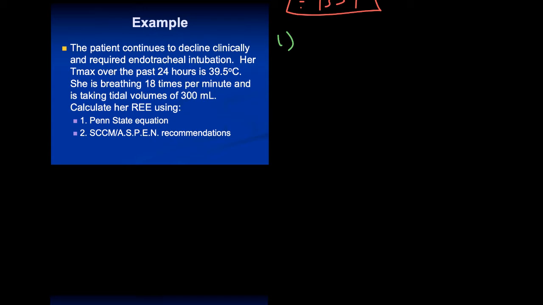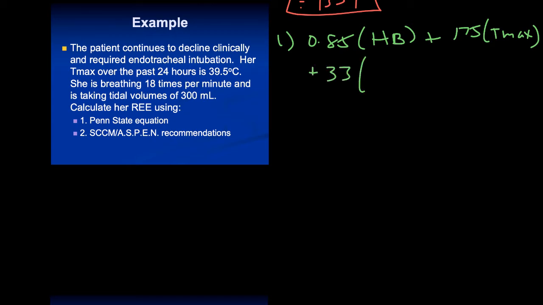her resting energy expenditure is 0.85 times the Harris-Benedict equation using her actual body weight, plus 175 times her Tmax in the last 24 hours, plus 33 times the minute volume from the ventilator in liters per minute.